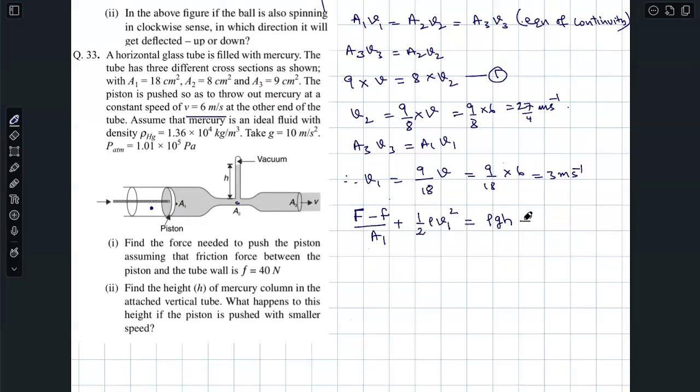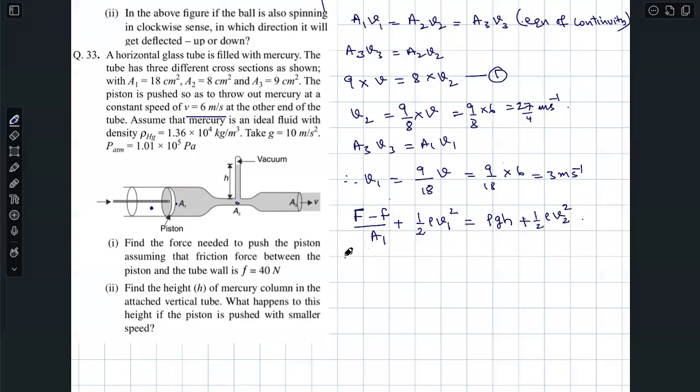Right. Plus half rho V2 square. They have given every value here. Rho they have given, V1 we know, V2 we know. They have given everything here.